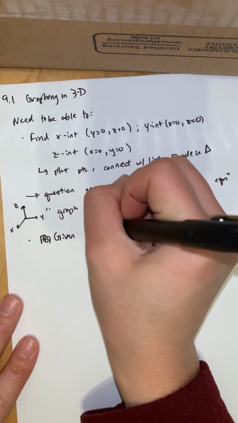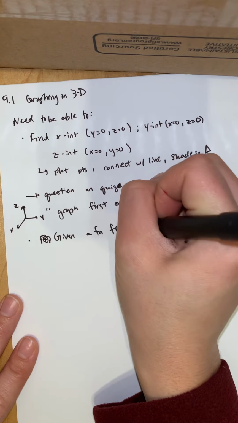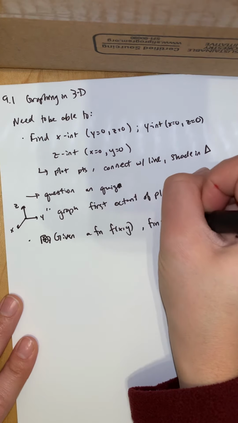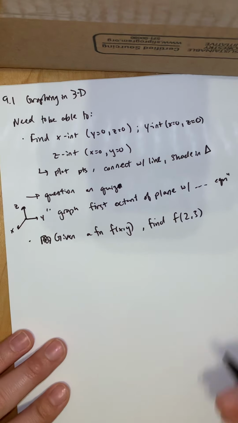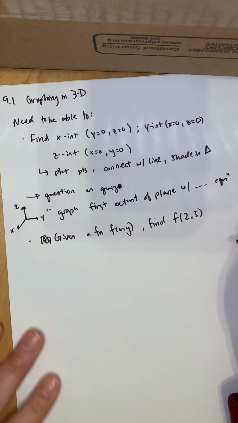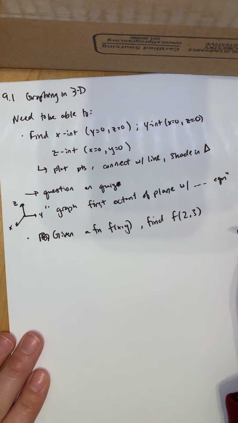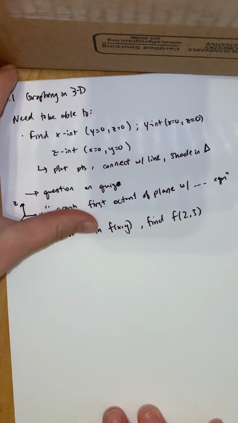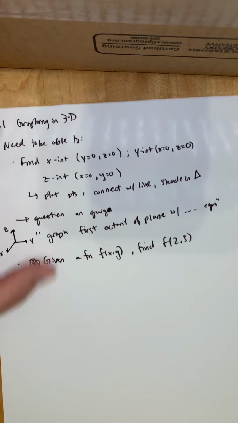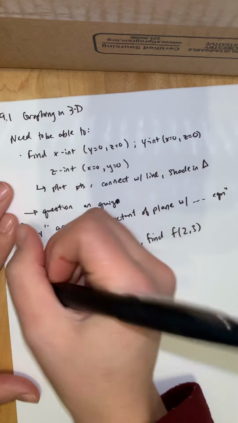The other thing that we need to do is, if you're given a function f of x comma y, be able to plug in values like f of 2 comma 3. I'm not going to do examples of these for the sake of time. I'd rather talk about partial derivatives. Okay, I'll do a quick example.